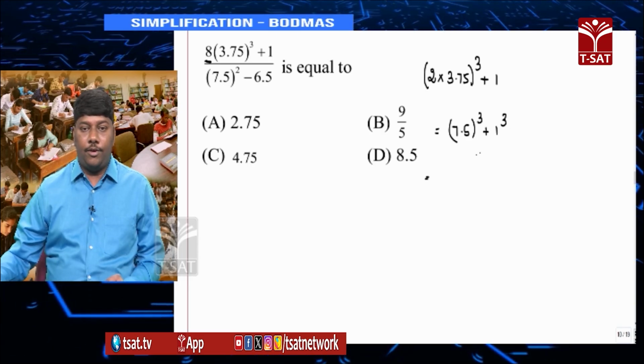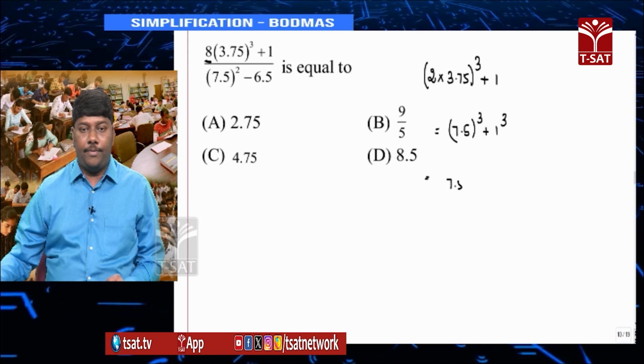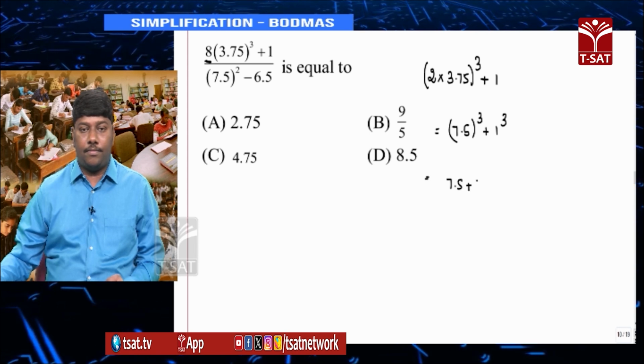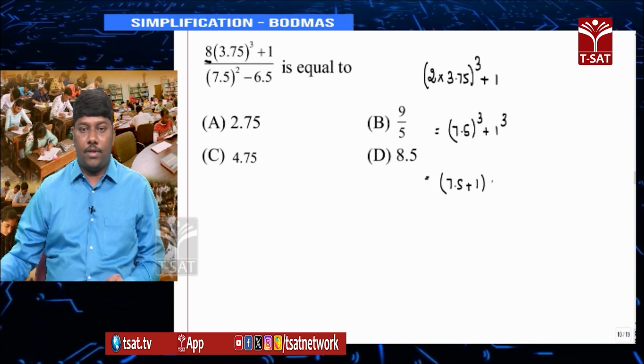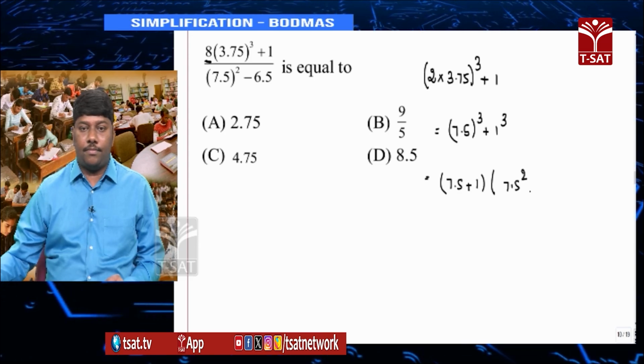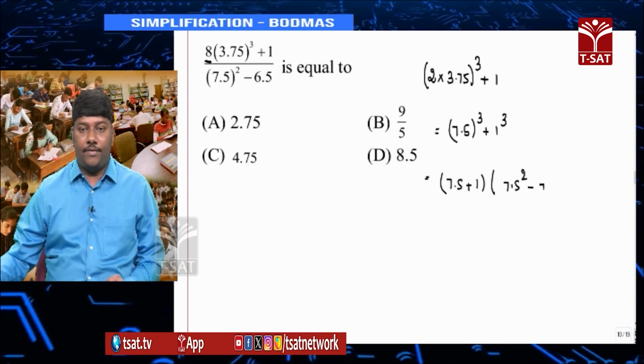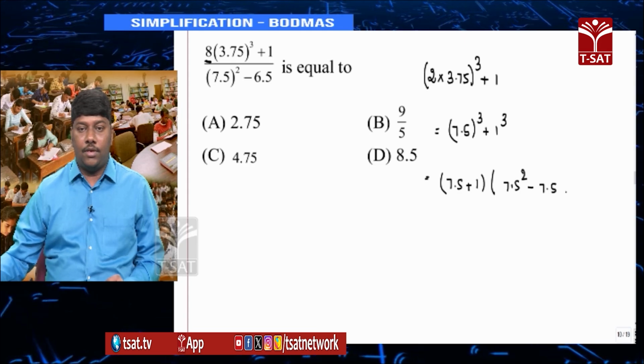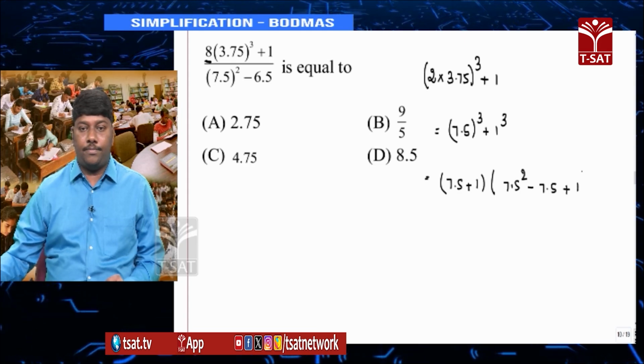A cube plus b cube formula, 7.5 plus 1, then a square, that is 7.5 square, minus ab, that is 7.5 into 1, plus b square, that is 1.